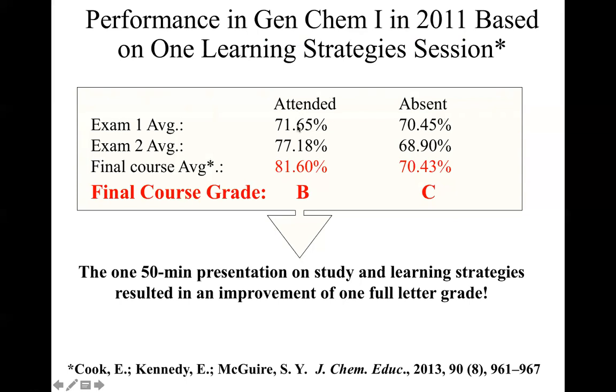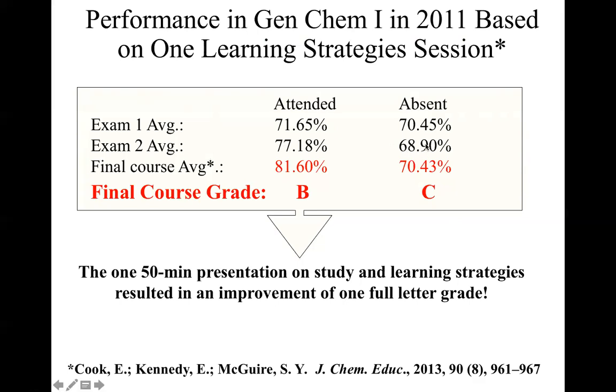Well, let's compare them. So remember, this presentation came after the first test. So on the first test, both groups are pretty much the same. Really, there's no significant difference between them. But what happened after the presentation? Well, for those who attended, the average of the entire class, we're talking about the population mean, increased significantly.